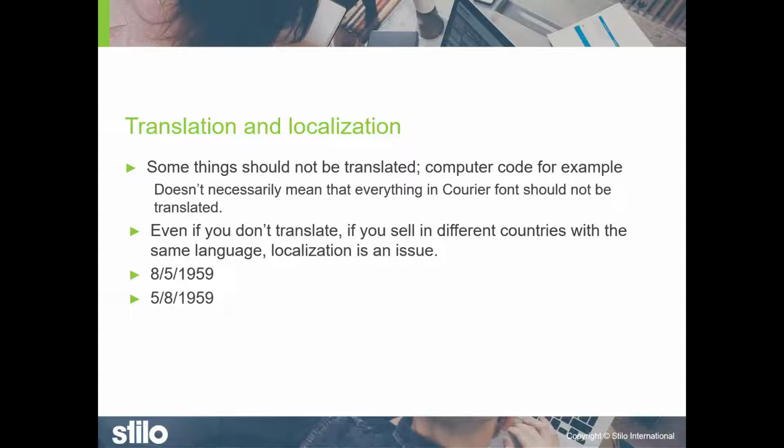And you can't always tell. If you have an Asian person, when they're at home, they would put their last name first and their first name last. But when they come to North America, they will often switch them to make life easier for us. So sometimes it's important to actually pick those things out so that they can be rendered in the right way.